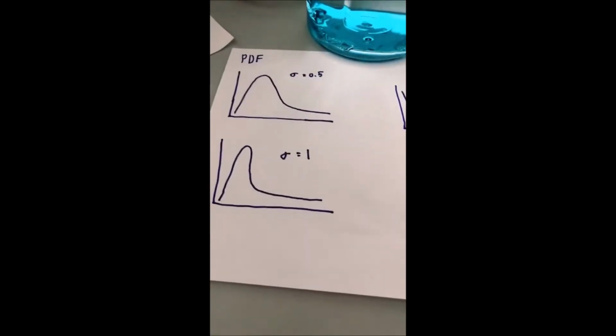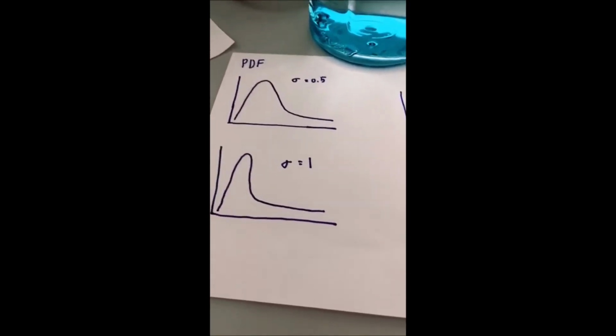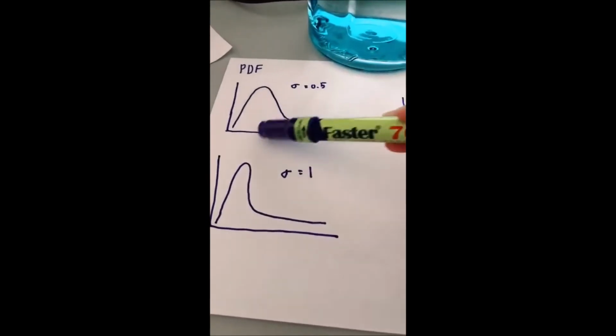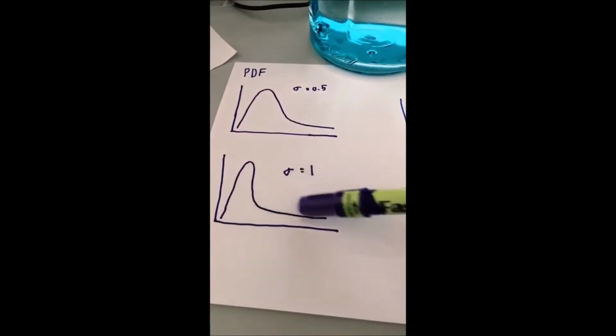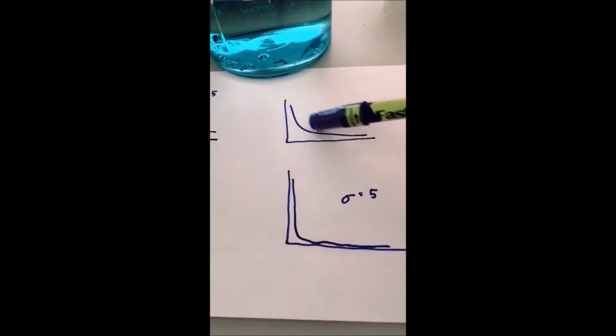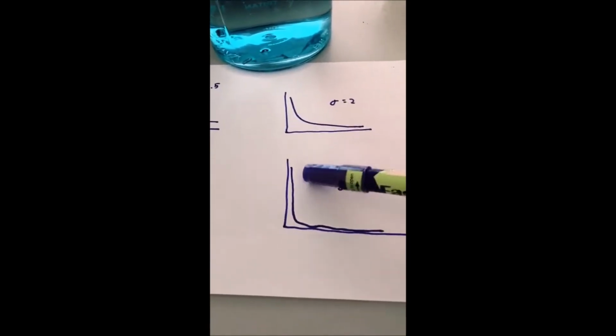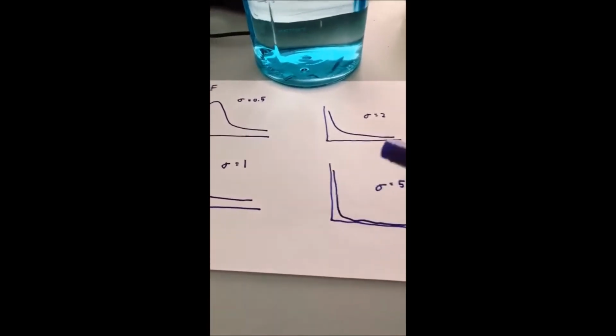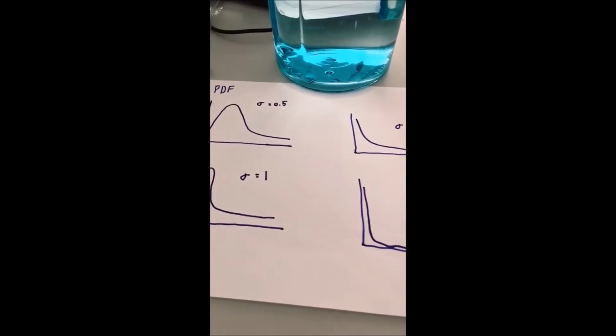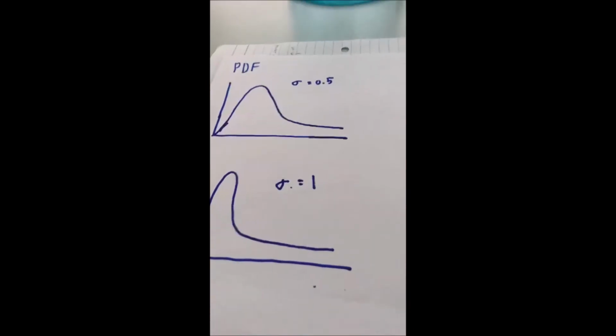So next we proceed with the example of the PDF graph for the log-normal distribution. From here we can see that this is the sigma equal to 0.5 and this is the graph for the sigma equal to 1. This is the graph for the sigma equal to 2 and this is the graph for the sigma equal to 5. From here we can see that the difference of the shape refers to the value of sigma, which represents the shape parameter.